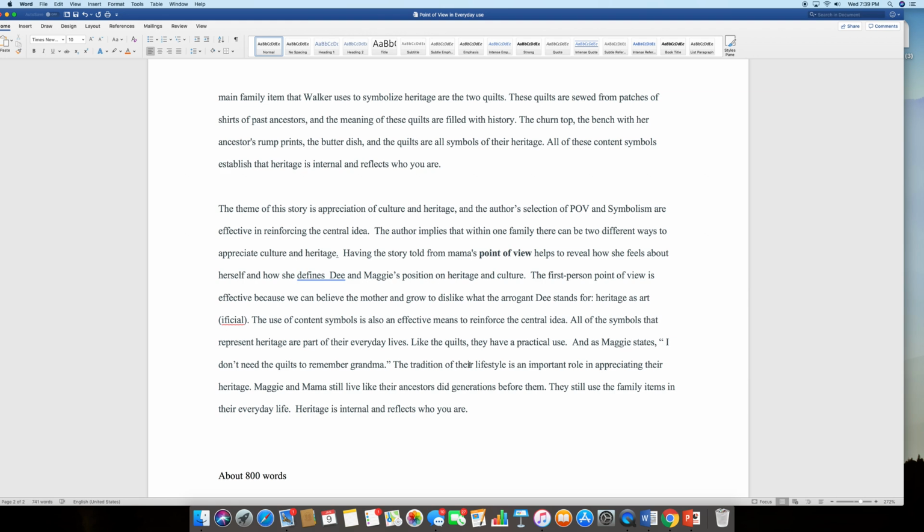The tradition of their lifestyle is an important role in appreciating their heritage. Maggie and Mama still live like their ancestors did generations before them. They still use the family items in their everyday life. Heritage is internal and reflects who you are. That's so well said. I am more than my sombrero.